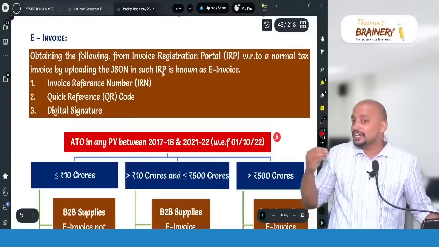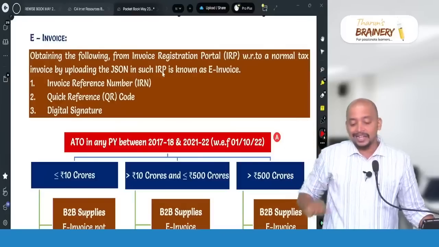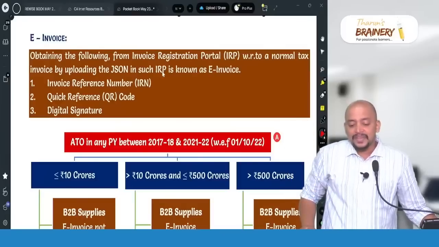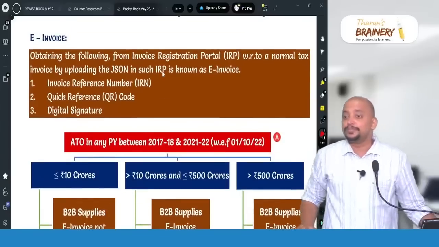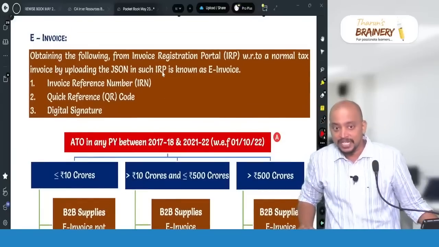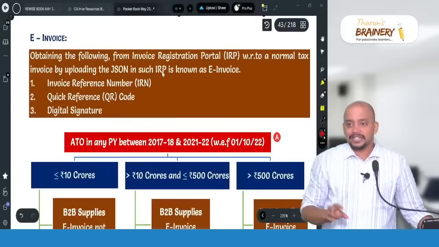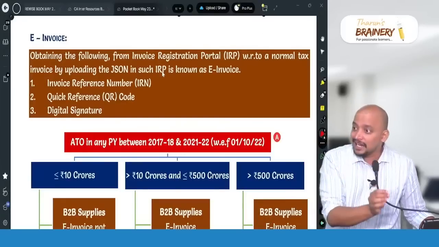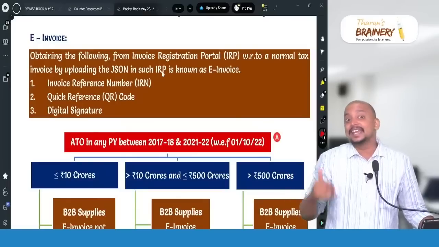In which portal do we need to upload the data? The invoice registration portal. And to whom is e-invoice applicable, B2B or B2C? Only in case of B2B supplies, not in case of B2C. That too, if aggregate turnover in any previous year from 2017-18 to 2021-22 exceeds 10 crores.